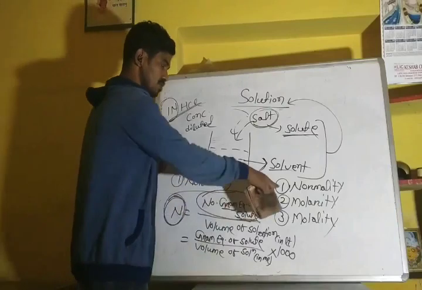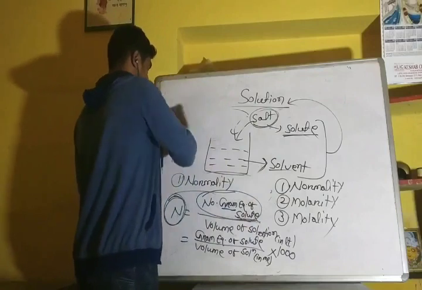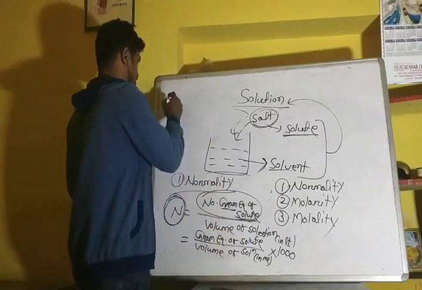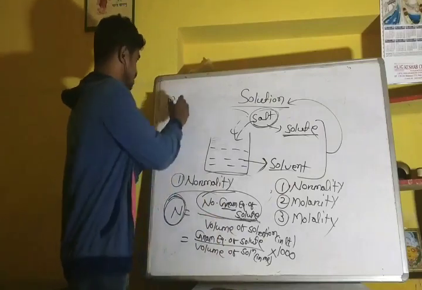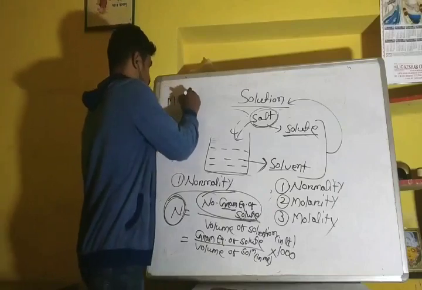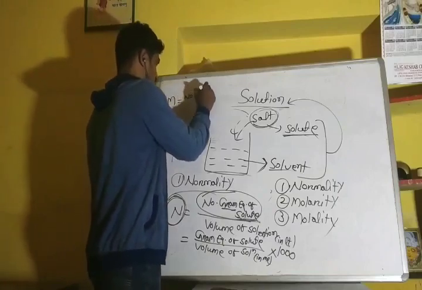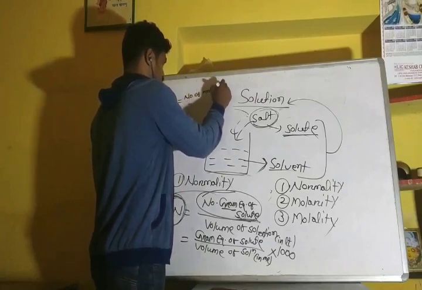Second thing, we have to find out the molarity. Molarity is expressed by capital M. M is equal to number of moles of solute.